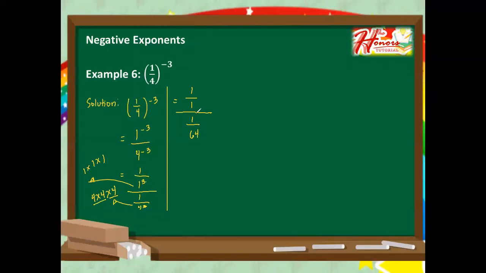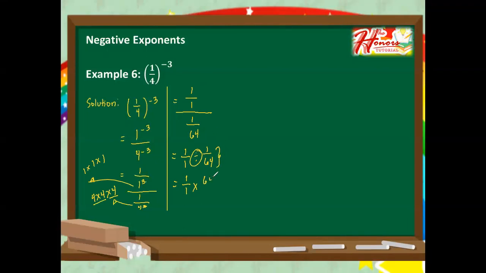Now this is what we're going to do. I will just write this equation into another form. Kindly look at this one. So we have here 1 over 1 divided by 1 over 64. So in dividing fractions, you have to copy the first given, which is 1 over 1, and then change this operation into multiplication, and then reciprocate 1 over 64.